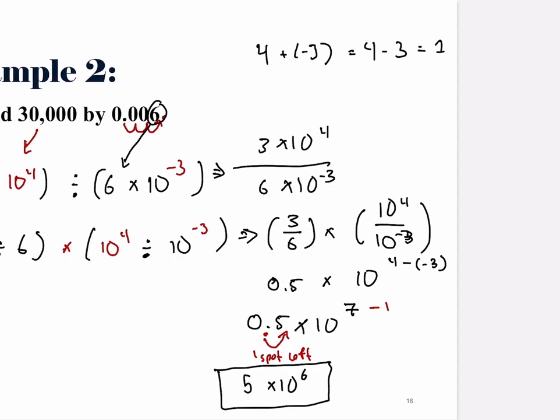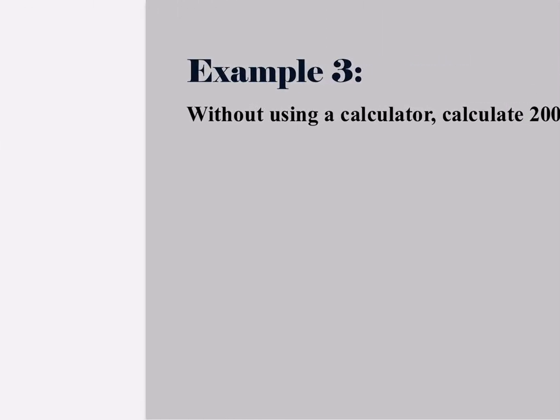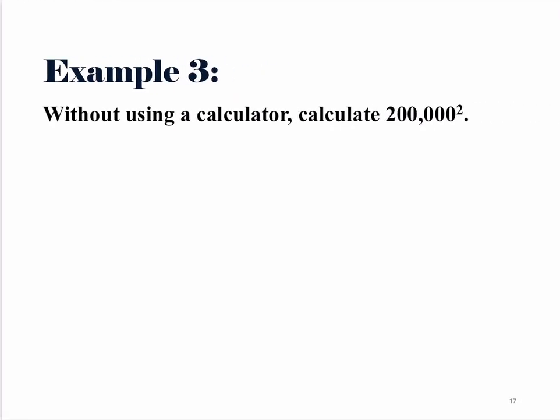Okay. All right, so this one's a little different. Let's see if you guys can figure it out. So how would you calculate 200,000 squared? We did addition and subtraction. And so the rule for exponents is, if you have something to the power a and all of that is raised to the power of b, what does that do to the exponents?